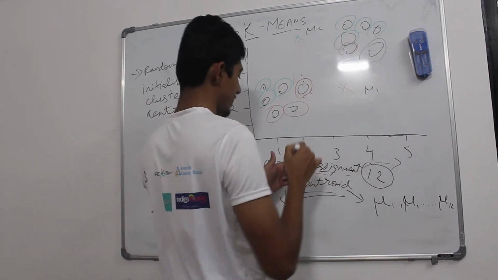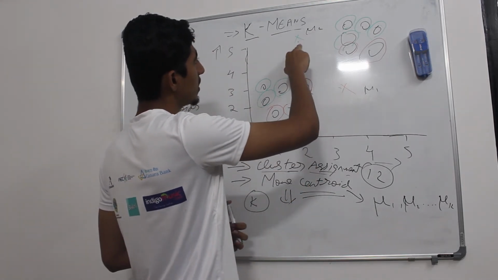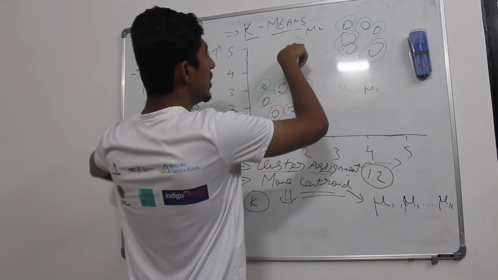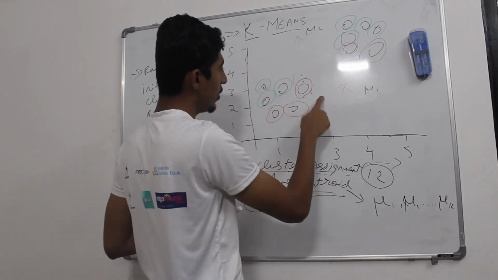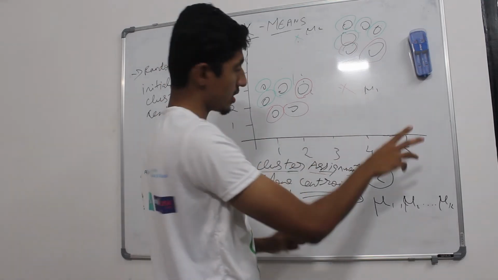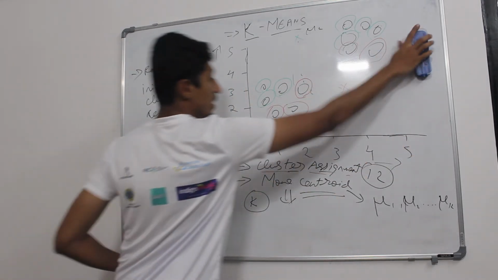The data points that I have marked with the color in which I've denoted the second cluster centroid belong to the second cluster centroid's cluster, and the red ones belong to mu1's cluster. Let me erase this real quick.